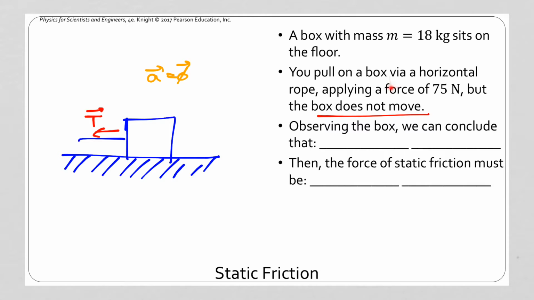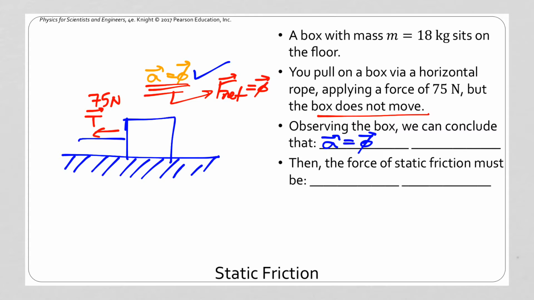Well, if we're talking about forces and motion, the way that we put those together is by using Newton's laws. In this case, we can see that the acceleration is 0 because the box is not moving. And so if we're applying a tension force of 75 newtons, but the box is not moving, this tells us that the net force would have to be 0.